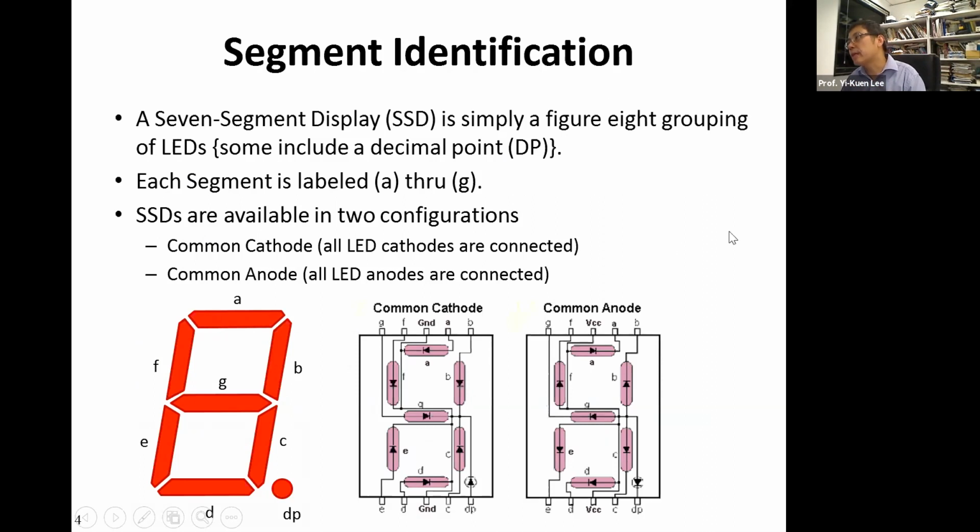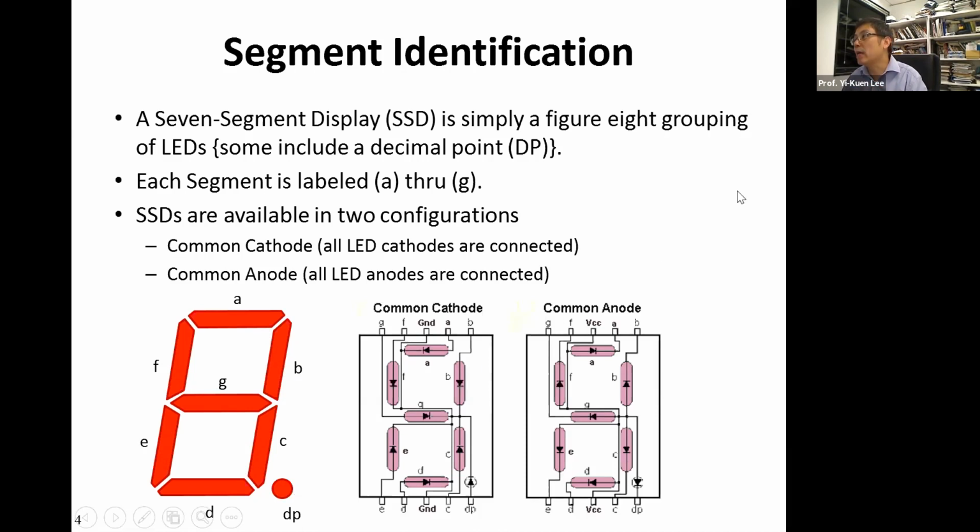On top we have A, and on the right-hand side we have B, then C, D, E, F, G, and then we have one more: 1, 2, 3, 4, 5, 6, 7, plus an additional decimal point. So in reality we have 7 plus 1, 8 segments.